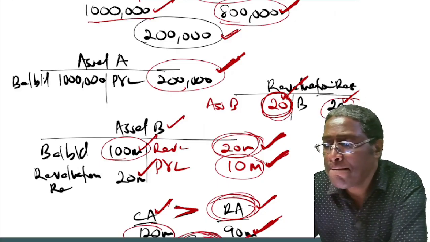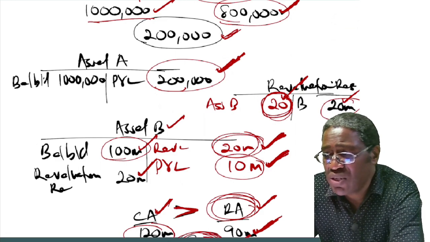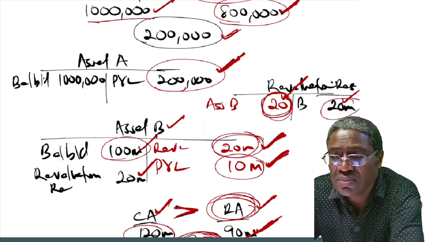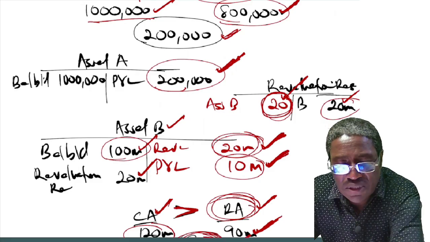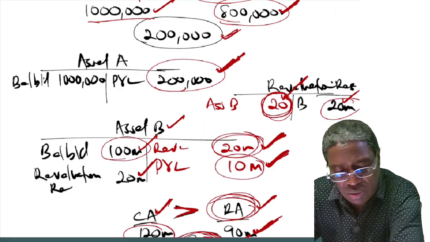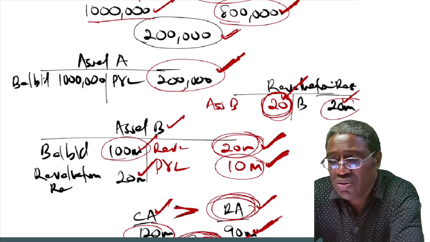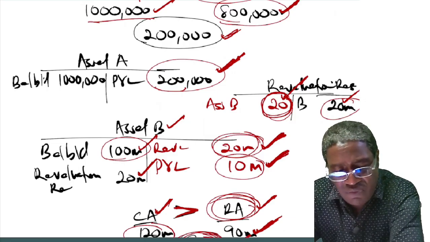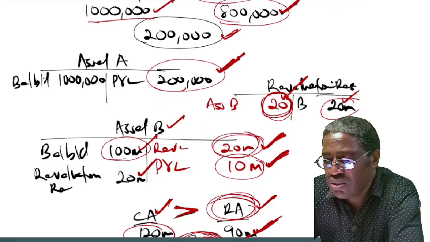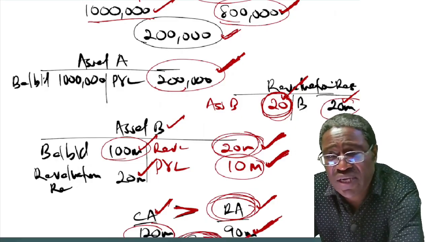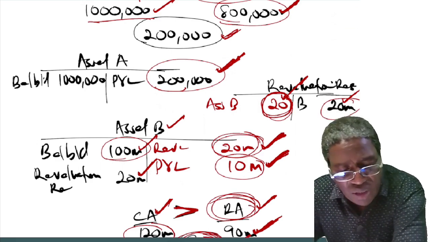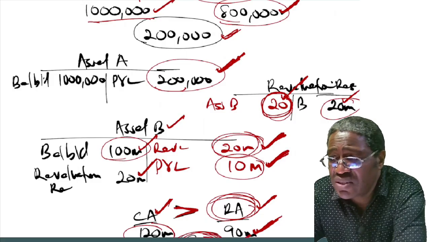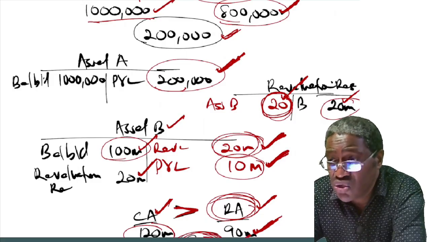Number one, net realizable value, in bracket, fair value less cost to sell.